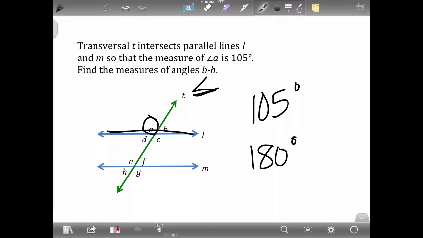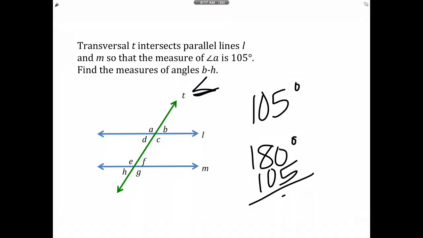So to find the measure of angle B, we just subtract 105 from 180 degrees to get 75 degrees. So this one's 105 degrees, and this is 75 degrees.